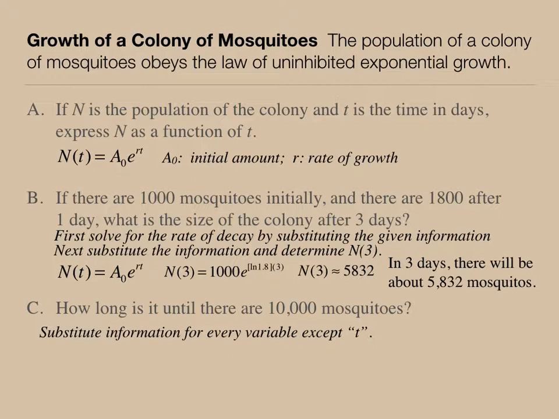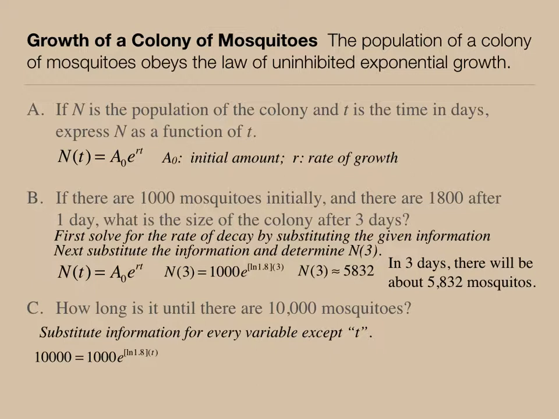So 10,000 is going to be my N, my population of the colony. My initial amount is still 1,000. My rate is still natural log of 1.8.